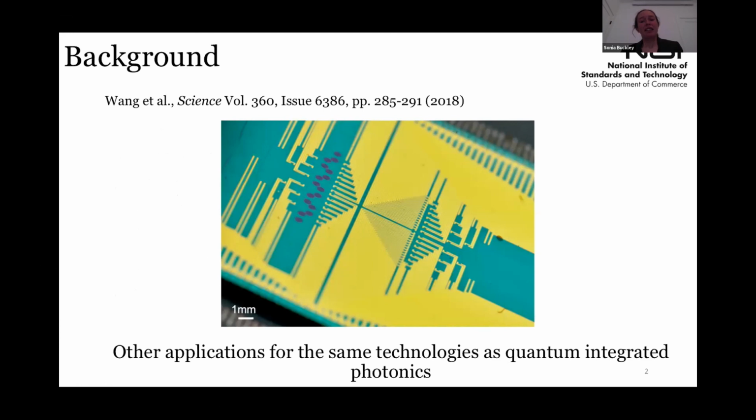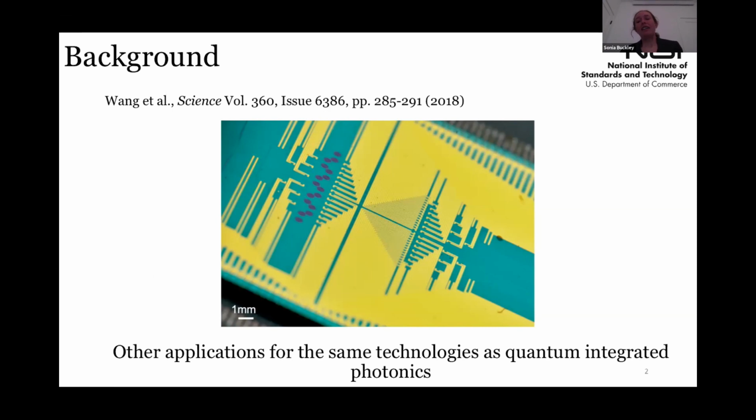And they had something like 16 entangled photon sources, a few hundred waveguide crossings, Mach-Zehnder interferometers. And the reason I bring this up is because they took some integrated photonic technologies that were developed for classical telecommunications, and they applied it to quantum photonics.